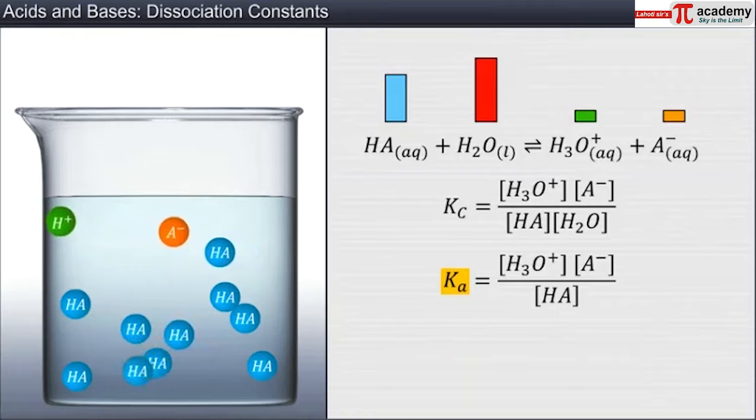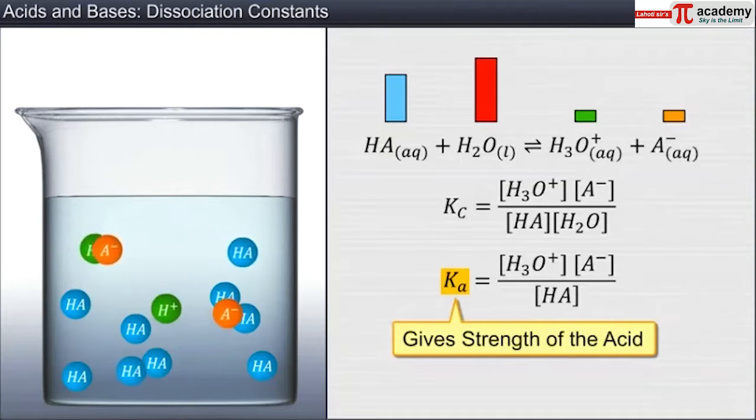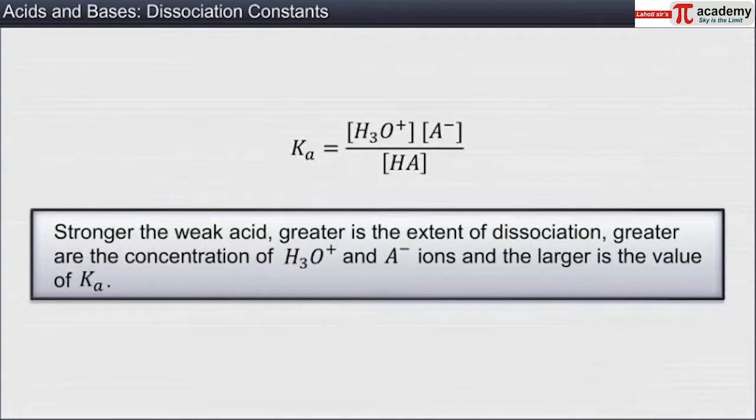In other words, the strength of the acid. The stronger the weak acid, the greater is the extent of dissociation, the greater are the concentrations of H3O plus and A minus ions, and the larger is the value of Ka.